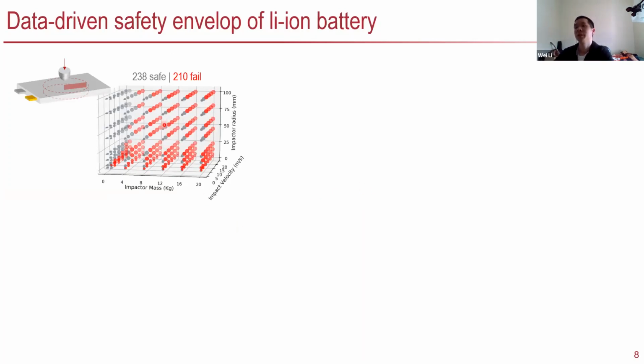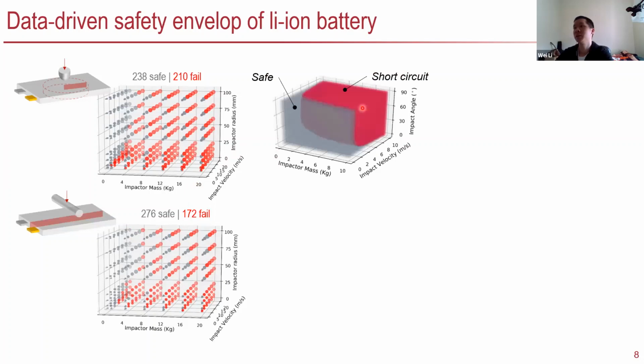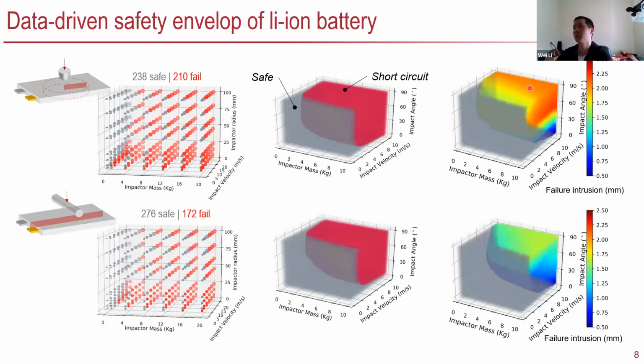Like this is the simulation result. We have the red representing the short circuit cases and gray representing the safe cases. After learning, we can see the envelope is basically consistent with our input data. And also we can do a regression model as mentioned before.